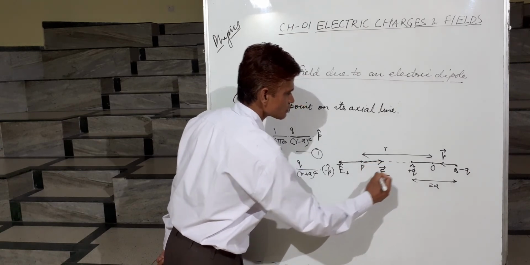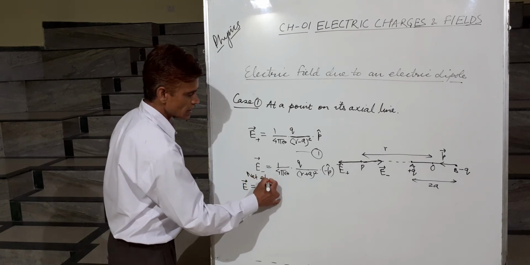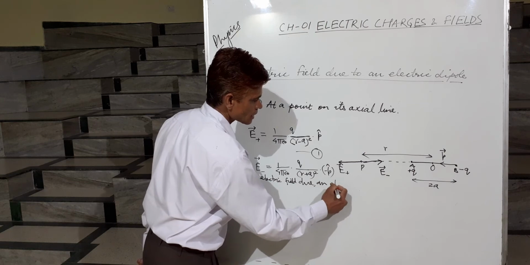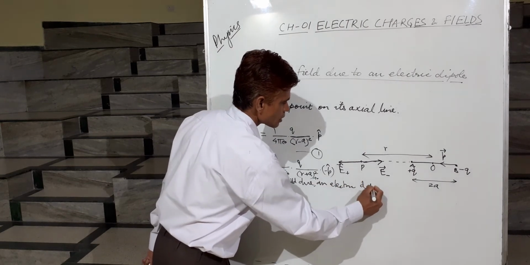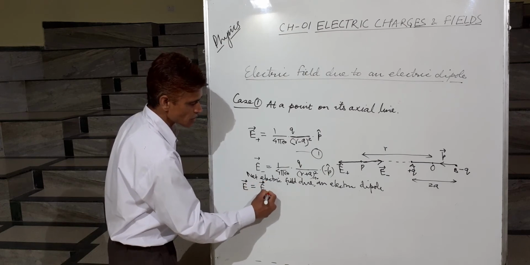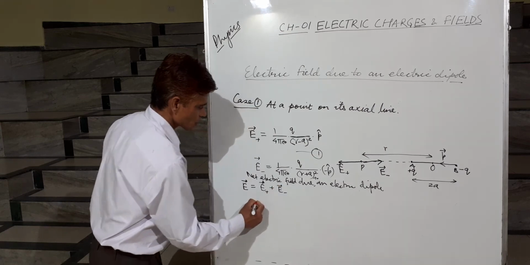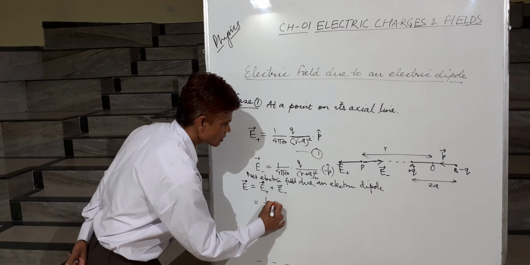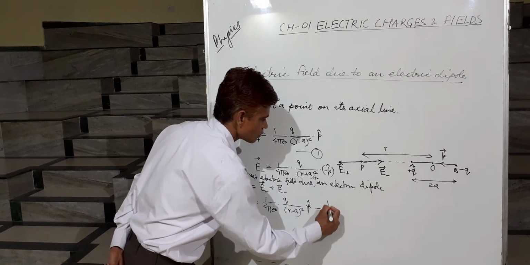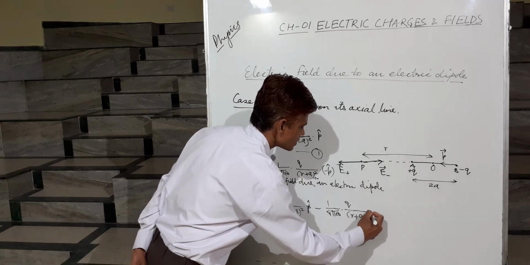So the net electric field due to an electric dipole can be obtained by applying the superposition principle, and the superposition principle says that this net field will equal the vector sum of the two fields, that is vector E plus vector E minus, which is equal to 1 by 4 pi epsilon naught q upon (r minus a) whole square p cap minus 1 by 4 pi epsilon naught q upon (r plus a) whole square into p cap.